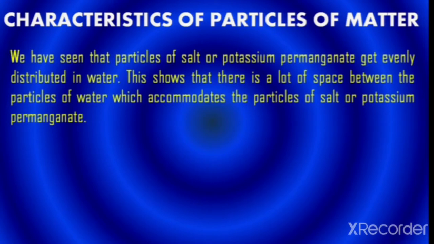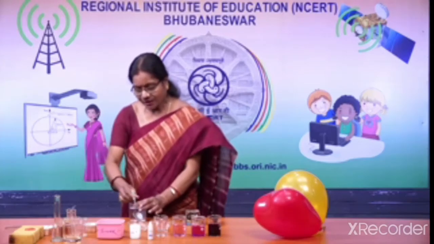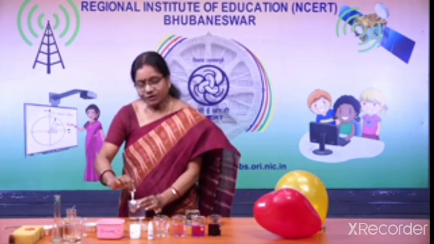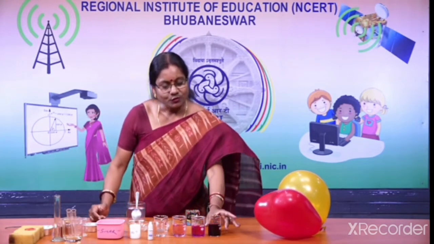We have water. Water is made up of particles and salt is also made up of particles. Similarly, water is here also, potassium permanganate is made up of particles. Now what happens? Particles of potassium permanganate or salt mix with the particles of water and the traces are not found.